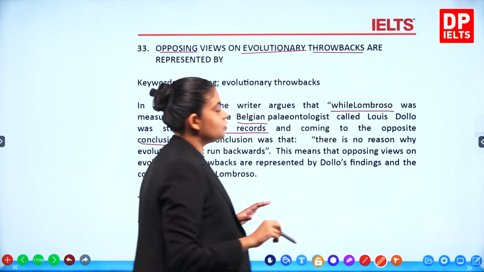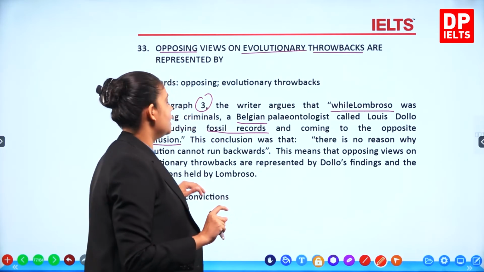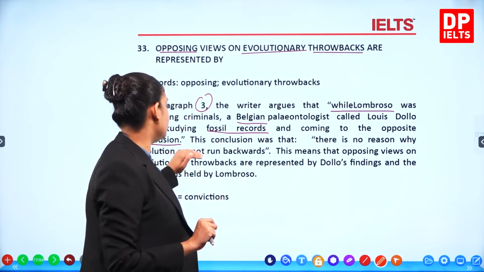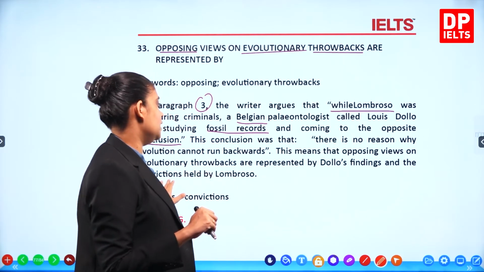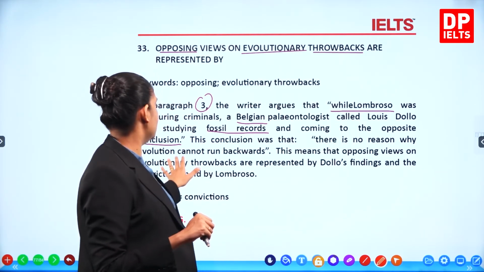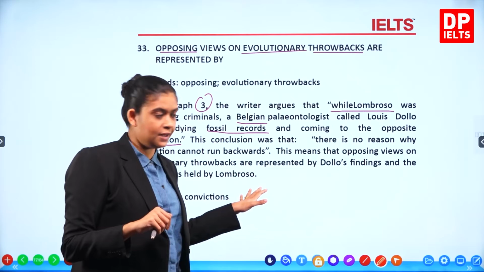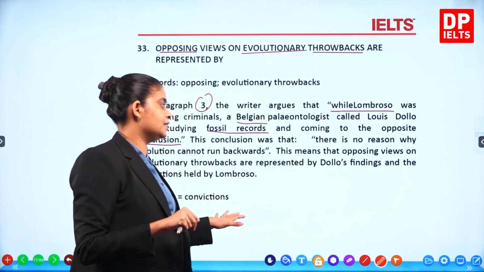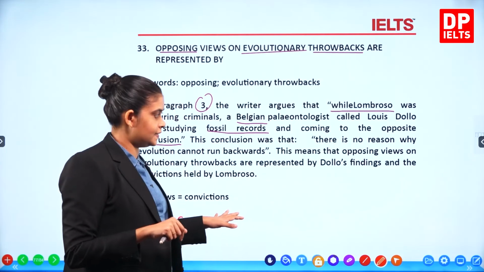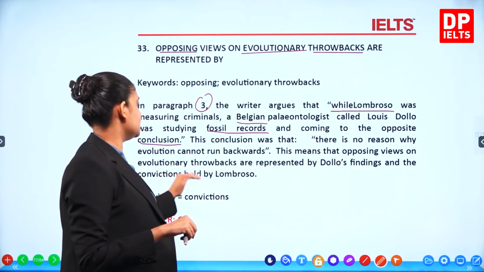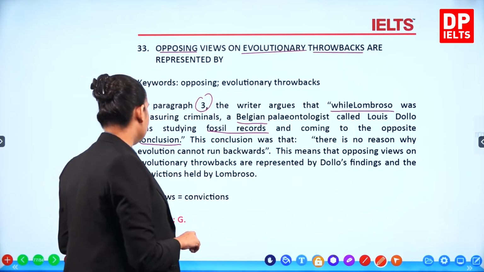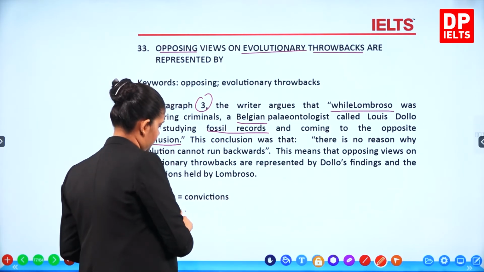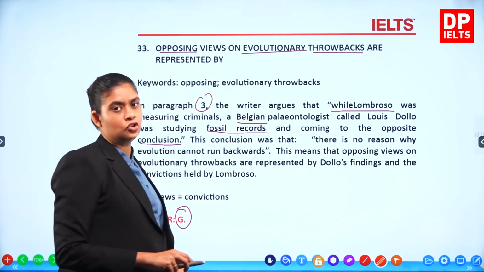This conclusion was that there is no reason why evolution cannot run backwards. This means that opposing views on evolutionary throwbacks are represented by Dollo's findings and the convictions held by Lombroso, right? So here, views are obviously convictions. Answer would be G.